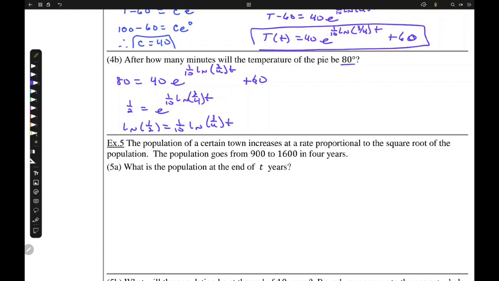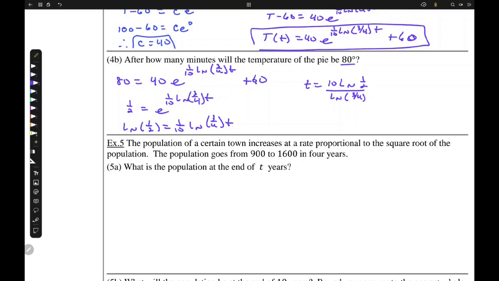We're solving for t, so our next step, we're going to get t is equal to the natural log of 1/2. I would multiply both sides by 10 and divide both sides by the natural log of 3/4.